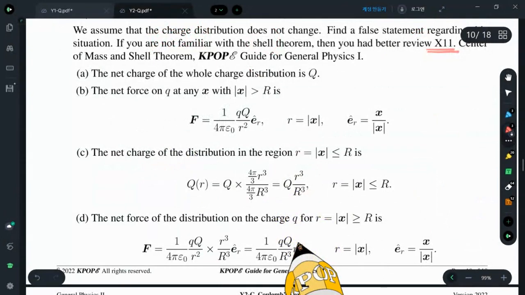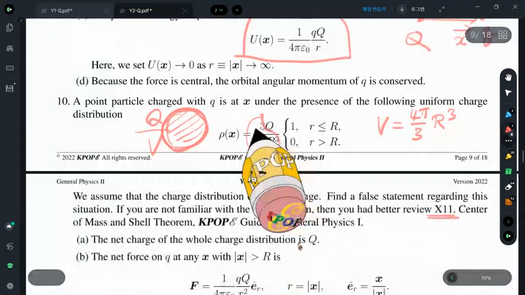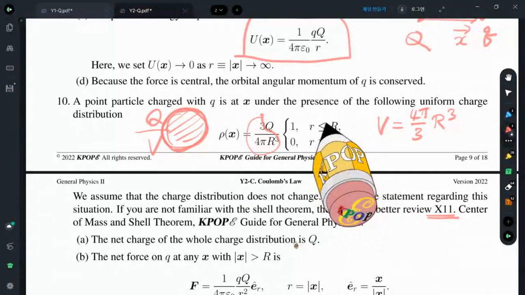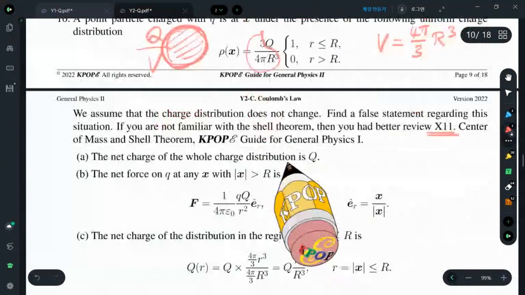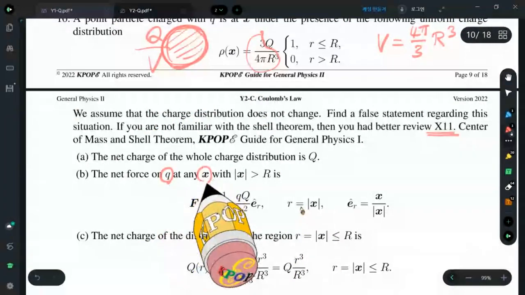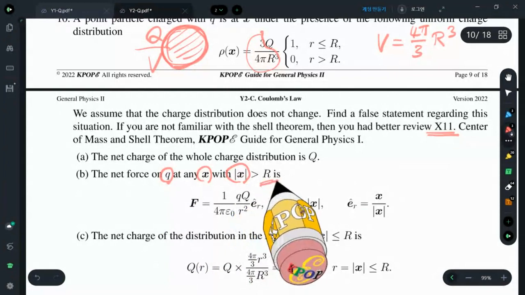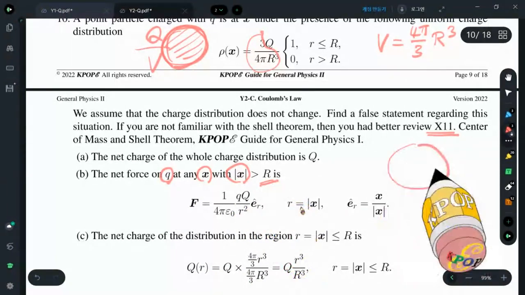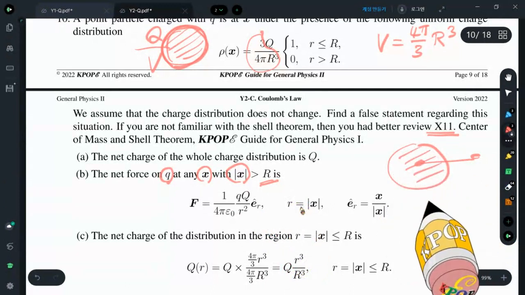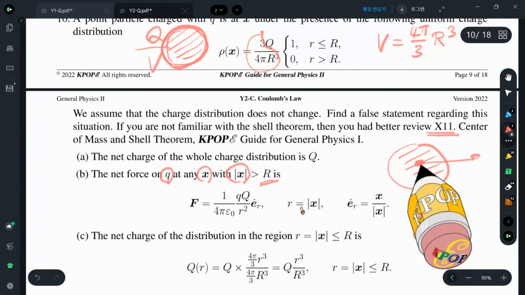The net charge of the whole charge distribution is Q, within the radius capital R. The net force on Q at any X whose magnitude is greater than the radius, according to the shell theorem, charge Q can be placed at the center.